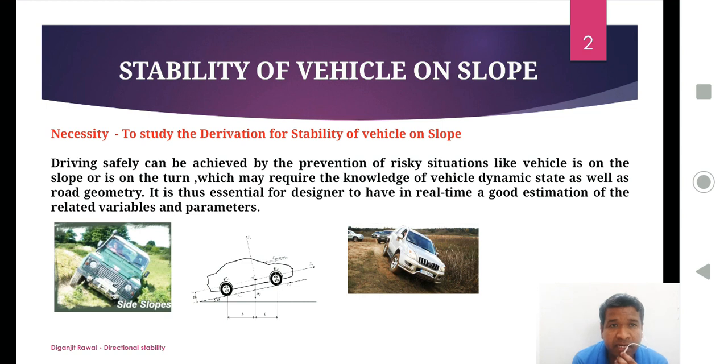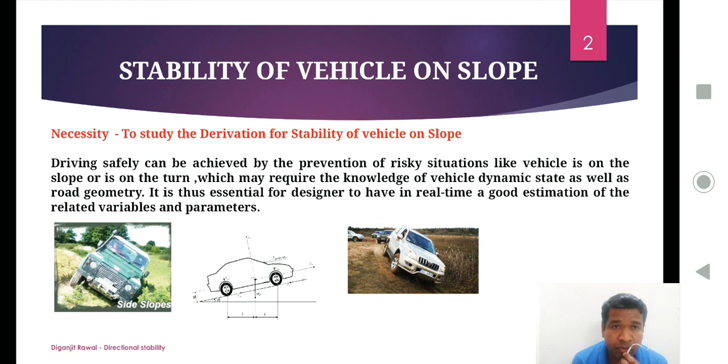So what is meant by that? To prevent risky situations like a vehicle on a slope, we have to derive this equation and learn the stability of vehicle on slope. Next, which may require the knowledge of vehicle dynamic state as well as the road geometry, so we have to study the road geometry.